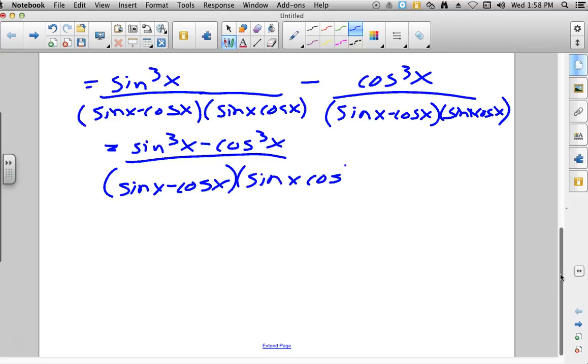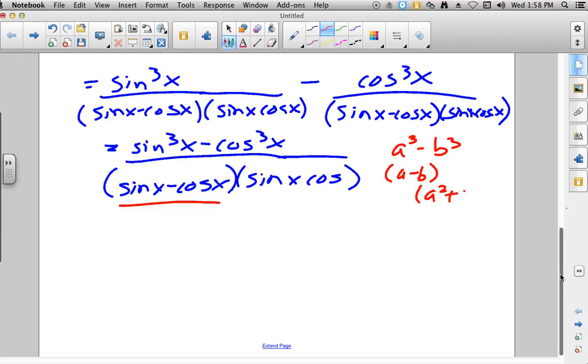So our hope is that when we factor out that difference of two cubes, we will be done with this. That's what we need to get rid of. So you need to remember your formula for the difference of two cubes, and that's a minus b times a squared plus ab plus b squared. And in this case, a would be the sine of x and b would be the cosine of x.